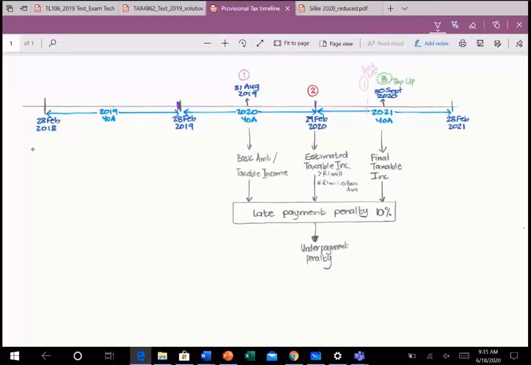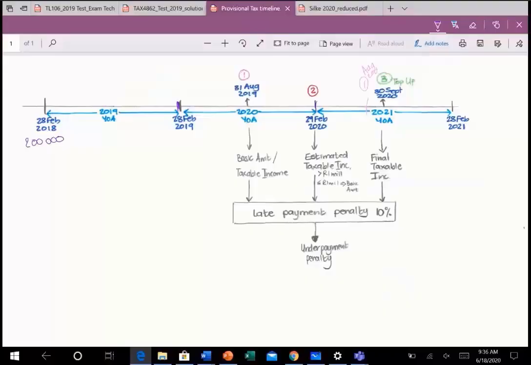So let's say the assessment was for 200,000. Provided there are no capital gains or lump sums in there, I will use that as my basic amount for my 2020 year of assessment for my first payment.